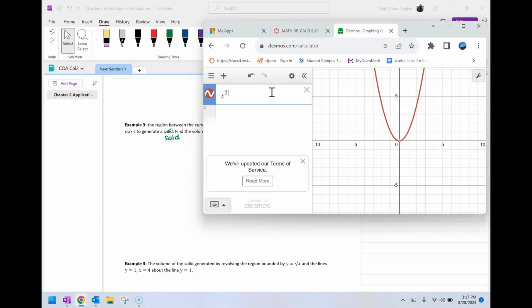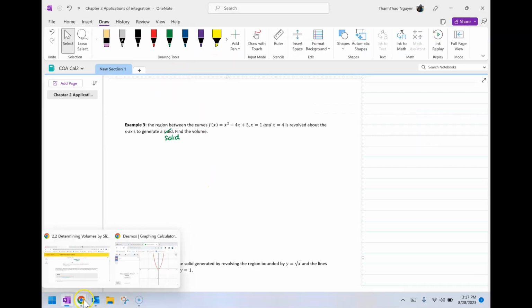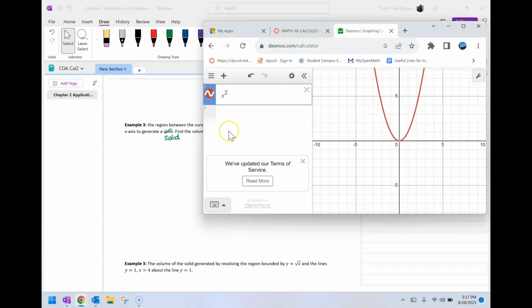x squared minus 4x plus 5. So this is the curve. Okay, so let's put this onto our paper.